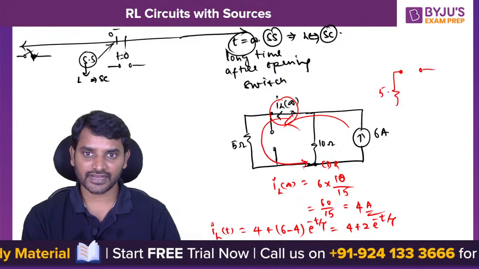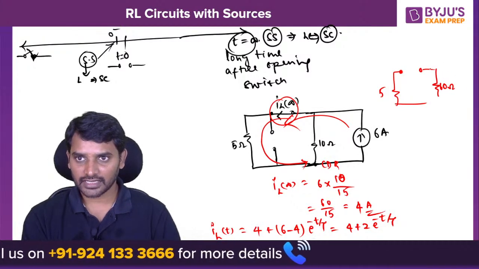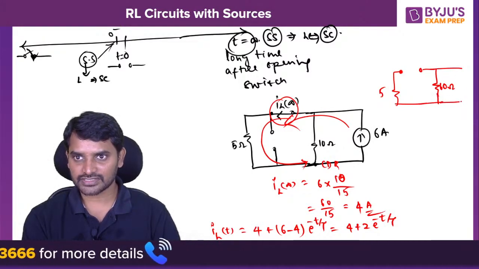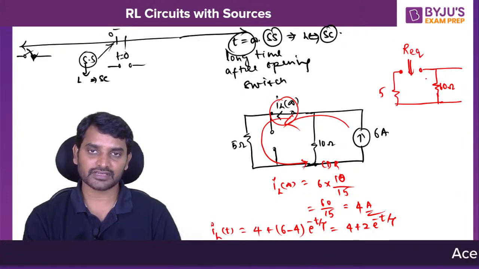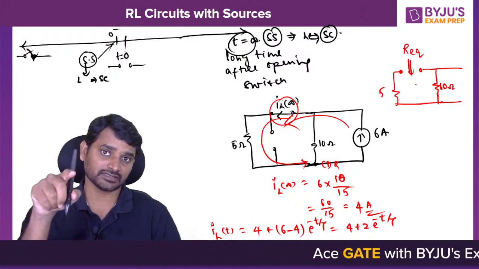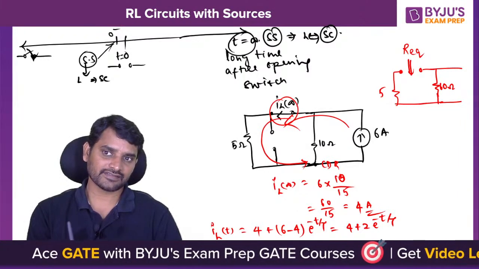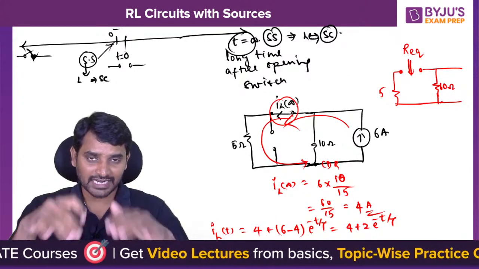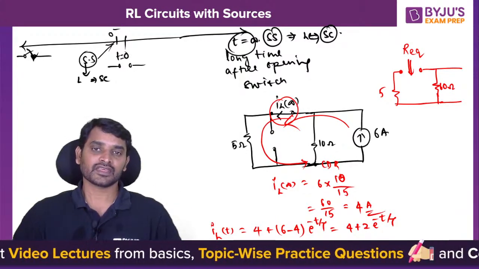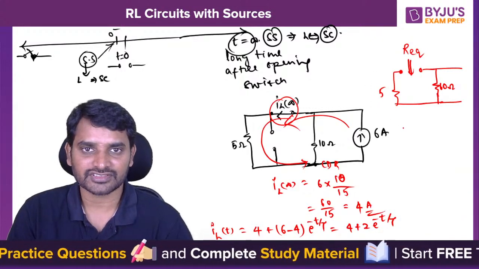Then this will be 5 and here 10, and the current source you have to open circuit anyhow. Don't calculate the R equivalent from the current source point of view. You should calculate the R equivalent from the inductor point of view, because only there can you find the charging or discharging path resistance and time constant.